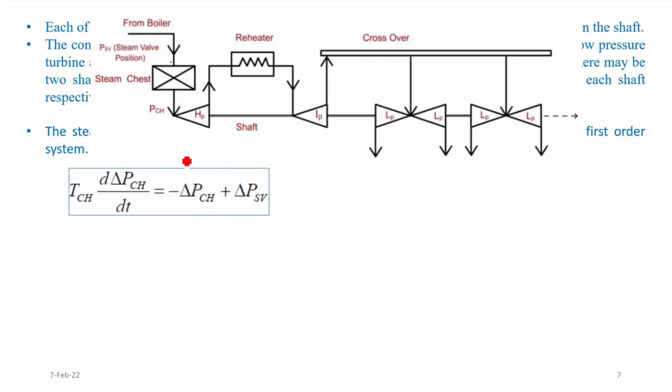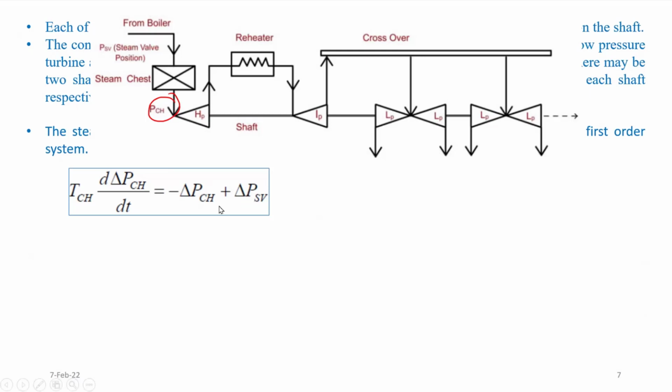Now, if I write the transfer function of the steam chest along with the high pressure turbine, here PCH is the power exerted by the steam from the steam chest, right? When the high pressure steam is being passed through the high pressure turbine, the output power is PCH. Okay. Now, the input is delta PSV.